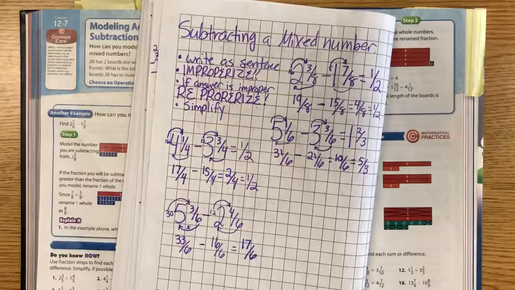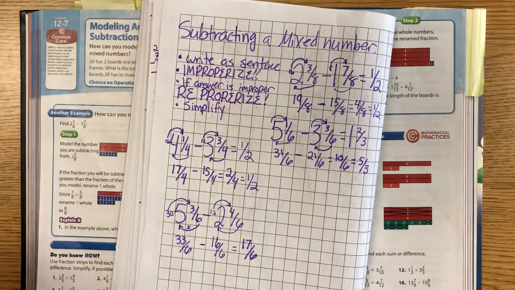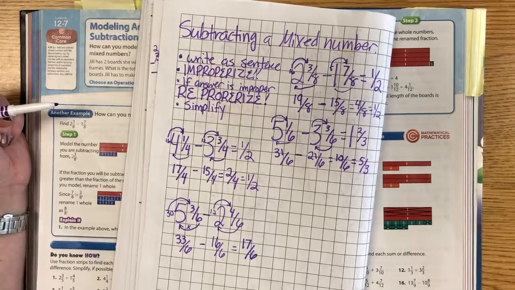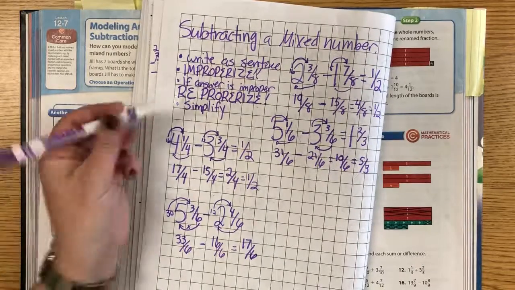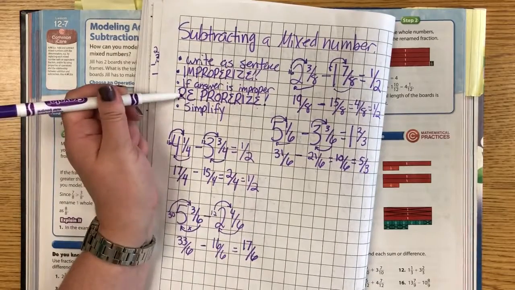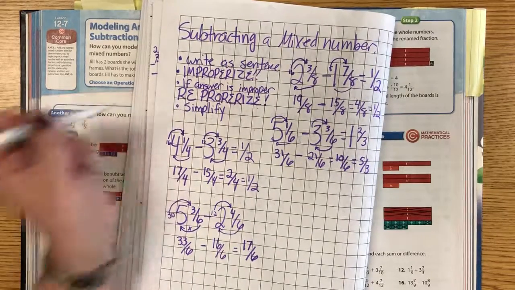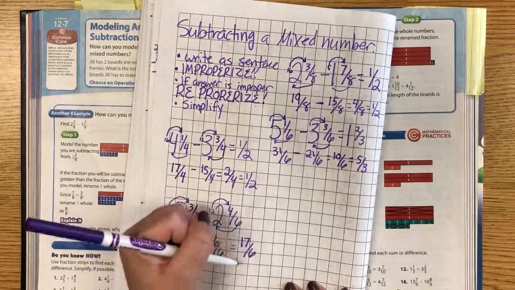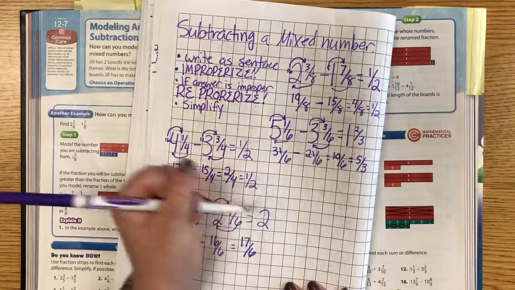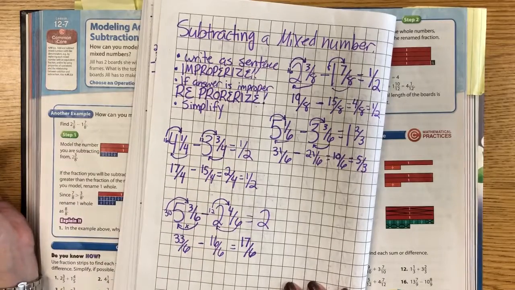Can that be simplified? No, it really can't. They don't share factors. It's not going to happen. So if I can't simplify, my answer is still improper. I need to re-properize it. 6 goes into 17 2 times, because 2 times 6 is 12.